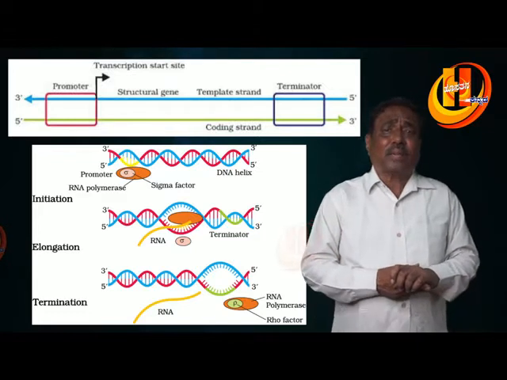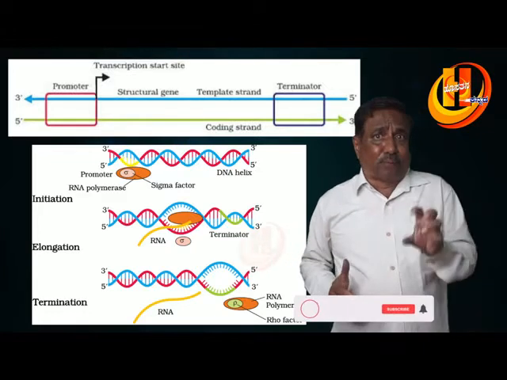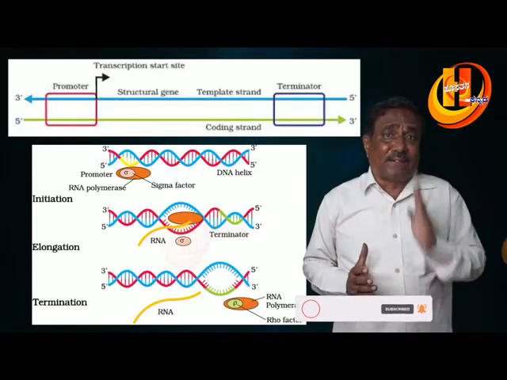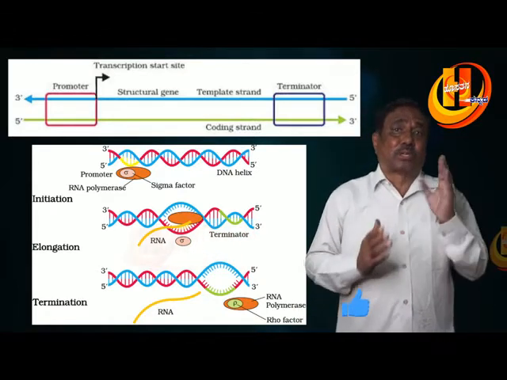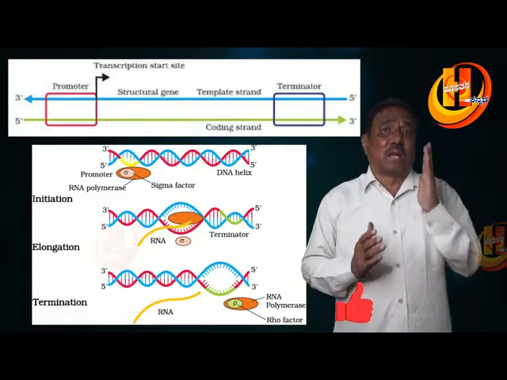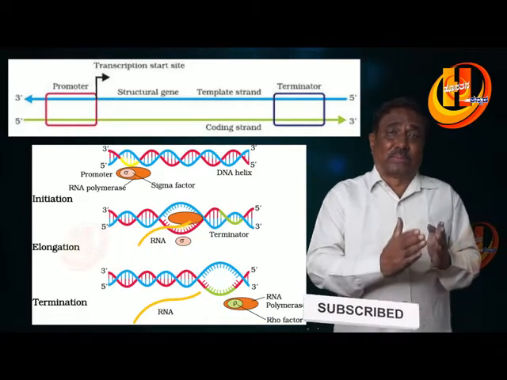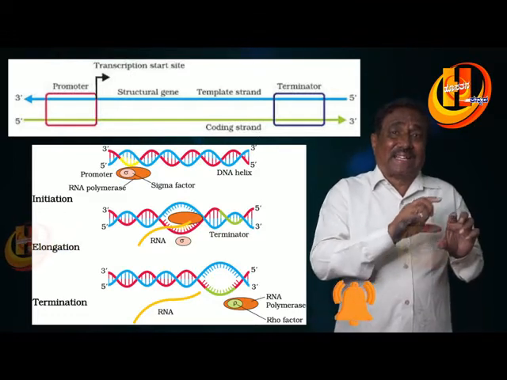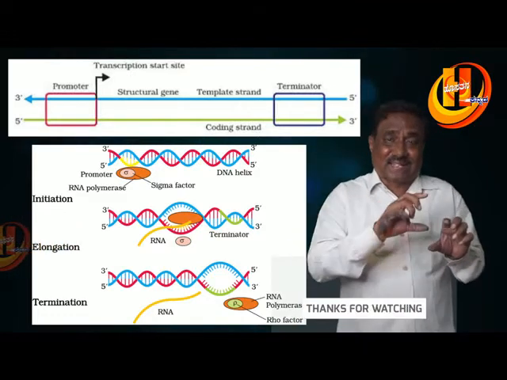And the upstream, that is before the commencement, begins from the 5' end. So this promoter gene releases the DNA dependent RNA polymerase, and it moves towards the structural gene.